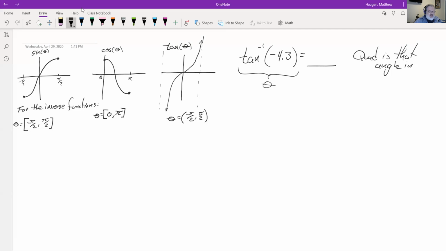What quadrant is that angle going to be in? Again, I'm going to wait for a couple of answers. You only got 4 choices. 1, 2, 3, or 4. Got 1 answer.